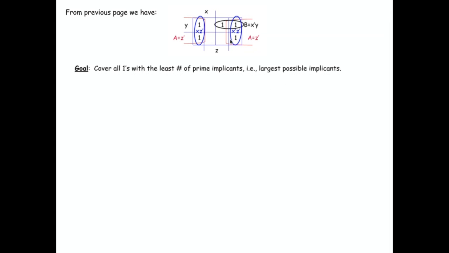Here we were able to come up with the least number of implicants to cover all the ones, 2, and we used the largest possible ones. We used the big giant one A and the smaller one B.